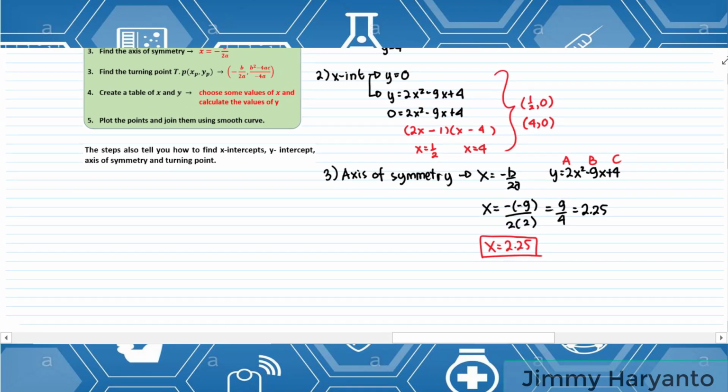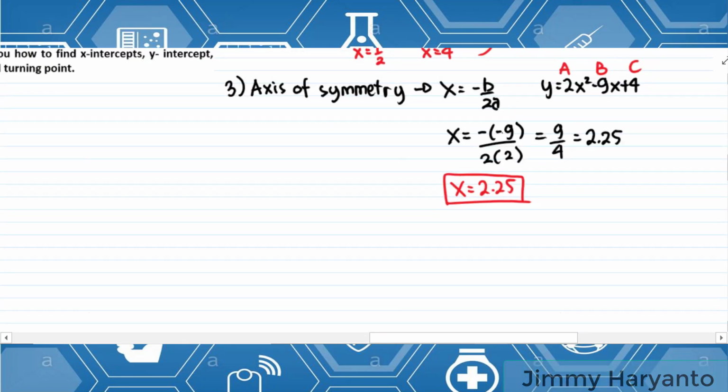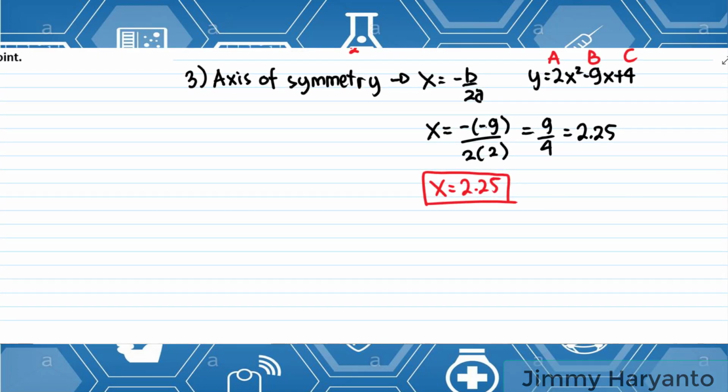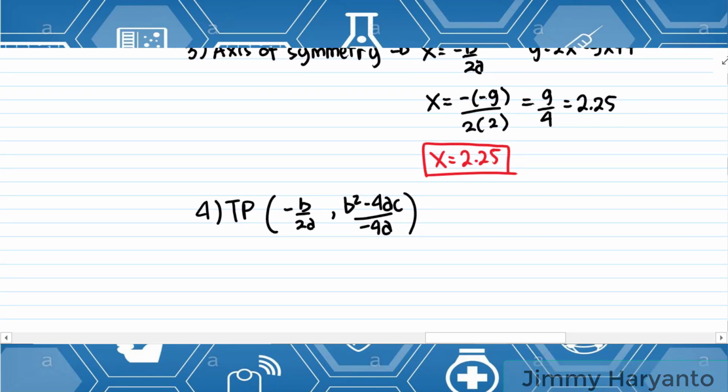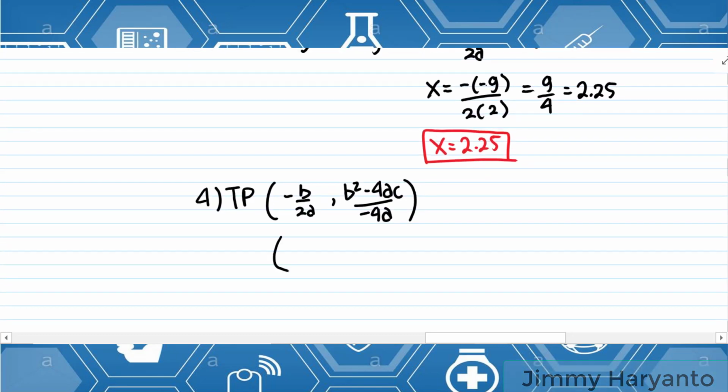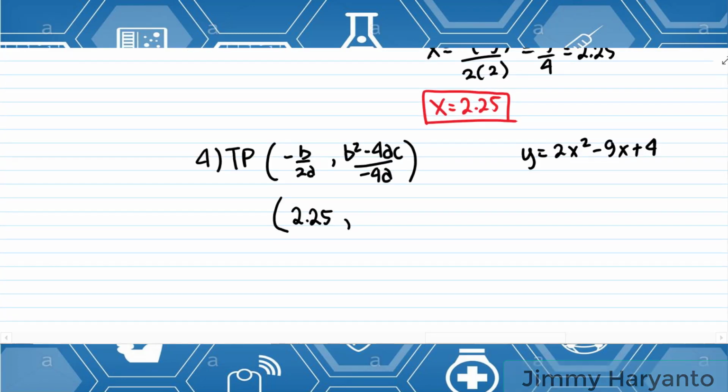Next, number 4, the turning point. The formula is negative b over 2a, comma, b squared minus 4ac over negative 4a. We already calculated negative b over 2a in the axis of symmetry, so we can copy it. The result is 2.25, comma. For the b squared part, the question is y equals 2x squared minus 9x plus 4. So this is a, this is b, and this is c.